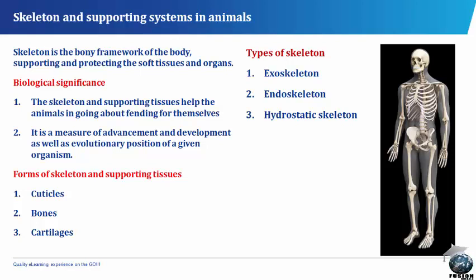The differences between bones and cartilages are significant in the following ways. 1. Bone is made up of living and non-living cells, while cartilage is made up of mainly living cells. 2. Bone is not flexible, especially in adults, while cartilages are flexible both in adults and young ones. 3.